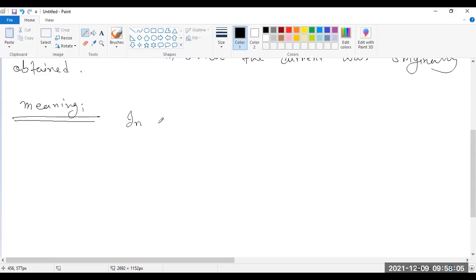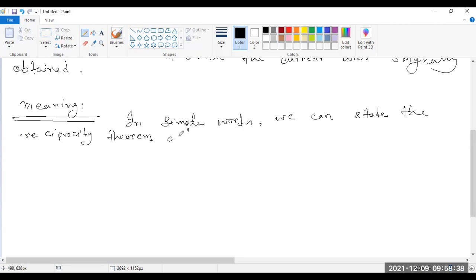So in simple words we can state it as follows.